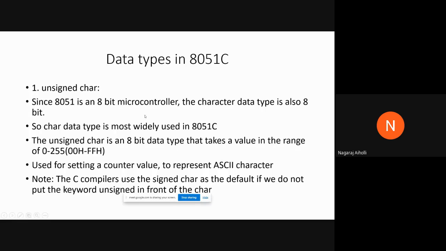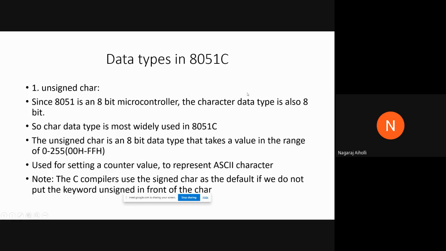There may be some other microcontroller which has a 16-bit data bus. Then it is called a 16-bit microcontroller. The number of bits of a microcontroller is decided by the size of the data bus. As the data bus of 8051 is 8-bit, it is an 8-bit microcontroller.